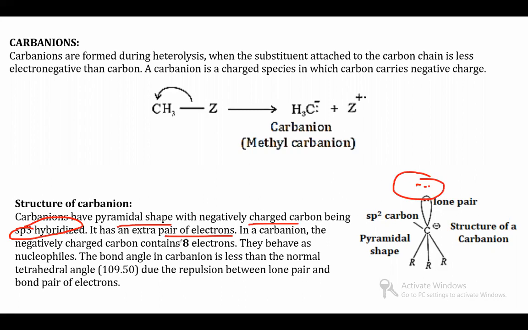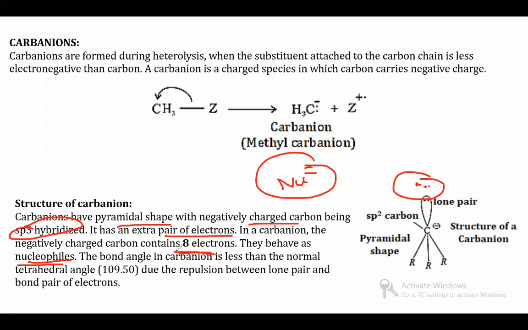The negatively charged carbon, consisting of 8 electrons, behaves as a nucleophile. Nucleophiles are called electron rich groups. So the methyl carbanion acts as a nucleophile because an extra electron pair is present on it.